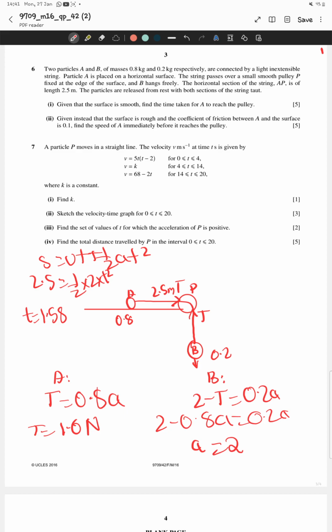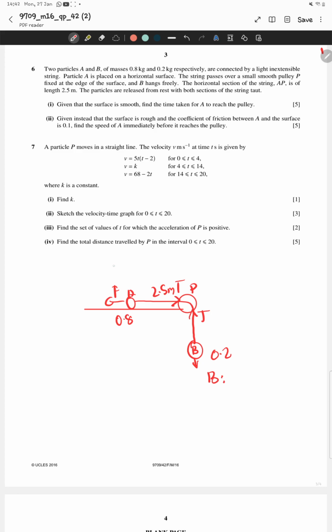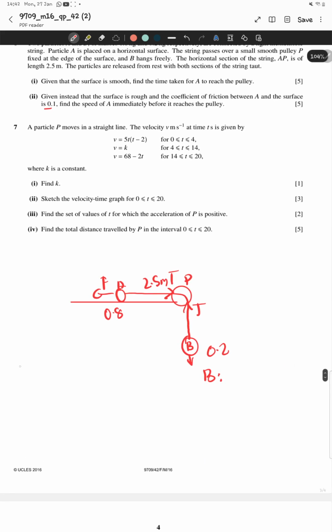Okay, so we can clear this out now. In the second part, they've asked that now the surface is rough, so there's going to be friction here, and they've given you the coefficient. Find the speed. The coefficient of friction is 0.1.